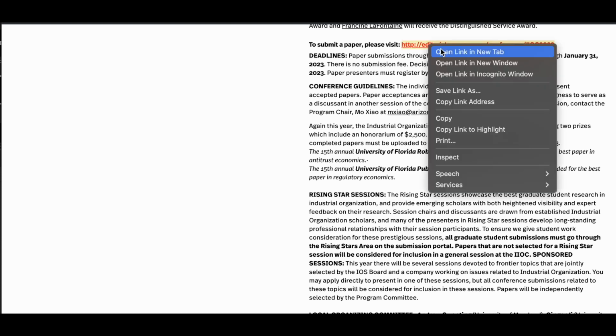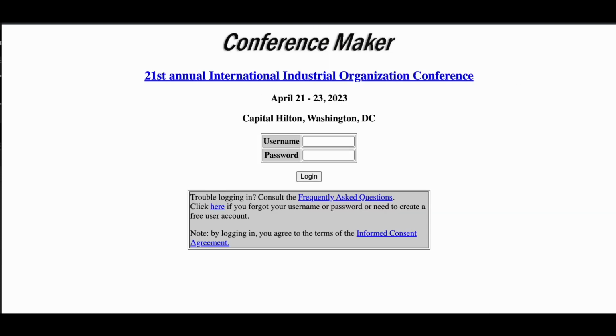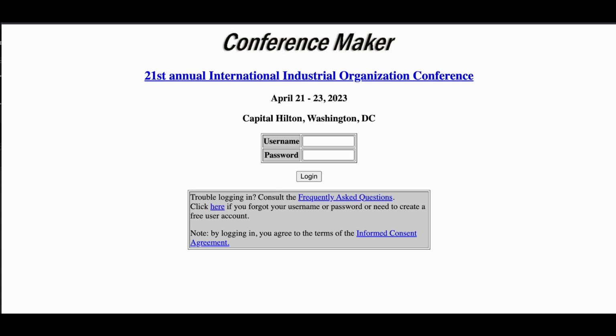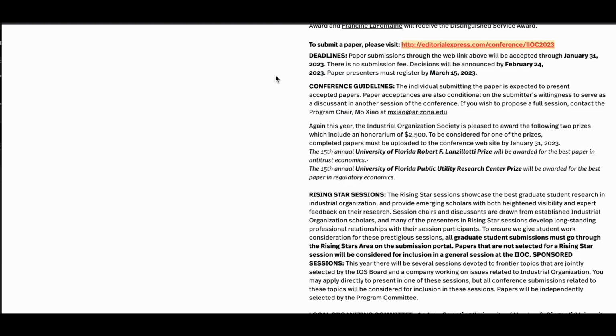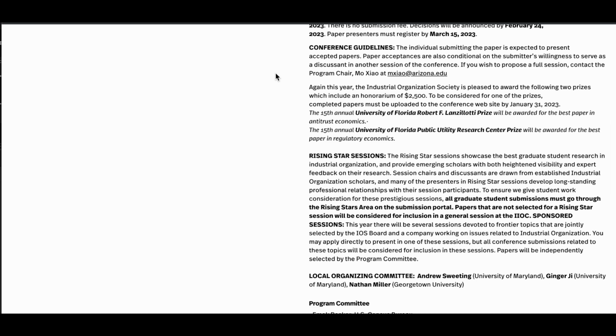There's an actual submission portal that you can go through here that obviously I'm not going to take us through. This one looks like it was set up quite a while ago, so that should be interesting to use. And they offer some deadlines as well as information about whether or not there's a submission fee, when the announcements for decisions will be made, and when you have to register if you're going to present. They have further guidelines here.